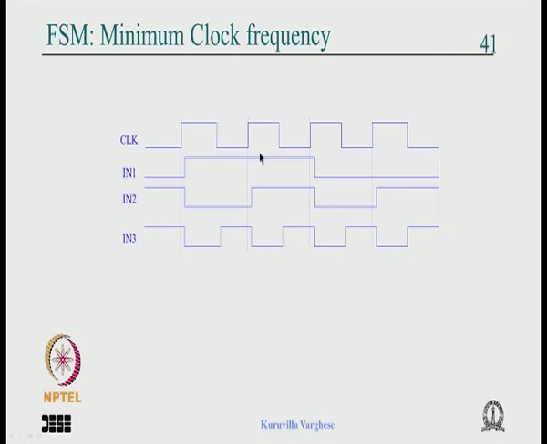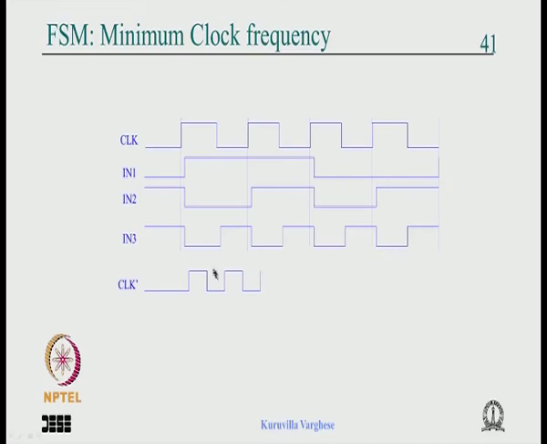But suppose I put a clock like this. Now there is a positive clock edge and it detects that the input is 0, at the next positive edge it detects that it is 1, and at the next positive edge it detects 0. So it shows that the clock frequency of the state machine has something to do with the input changes.